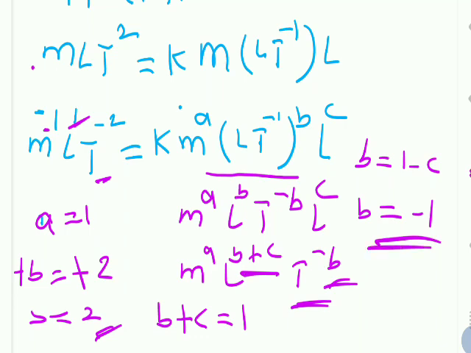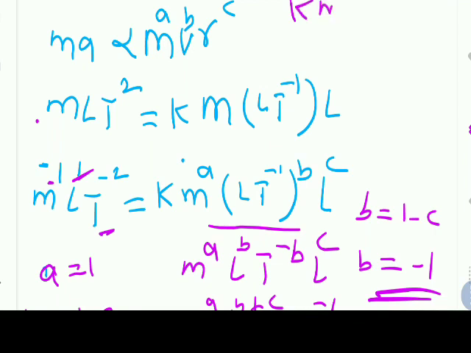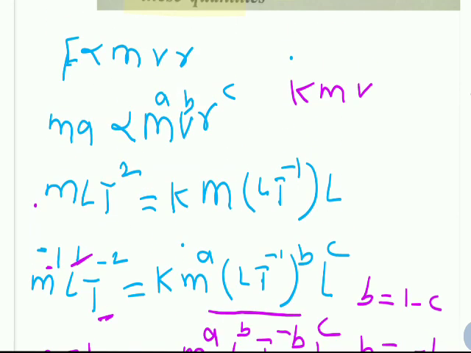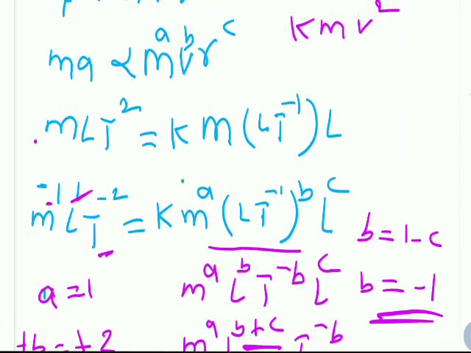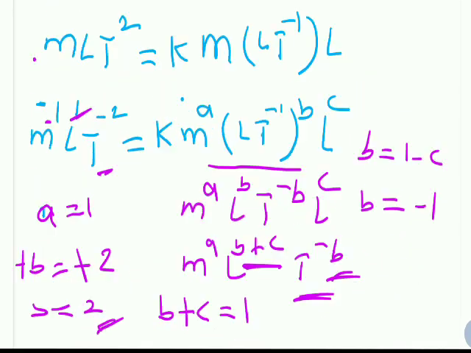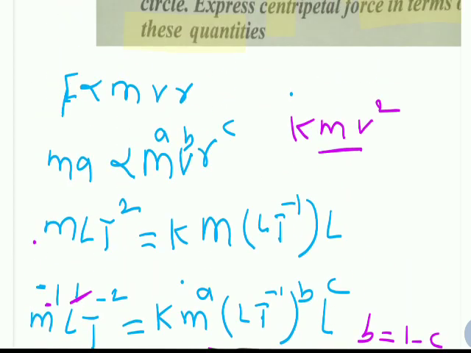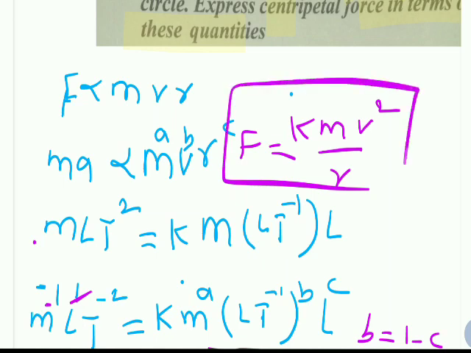So finally K M V to the power of 2, C is equal to minus 1. So R to the power of minus 1. So this is the formula for F: F is equal to K M V squared by R.